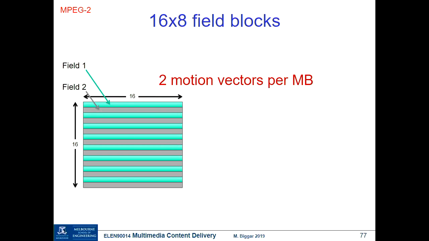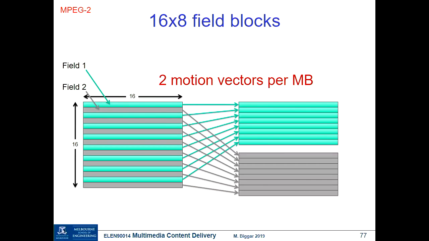But if we took that picture and separated out the fields like this, then these two scan lines that constitute this block were physically separated more in the original. So there might be better correlation between these two in the case when it was interlaced, but there's probably better still correlation between these two because they're geometrically or physically closer together.